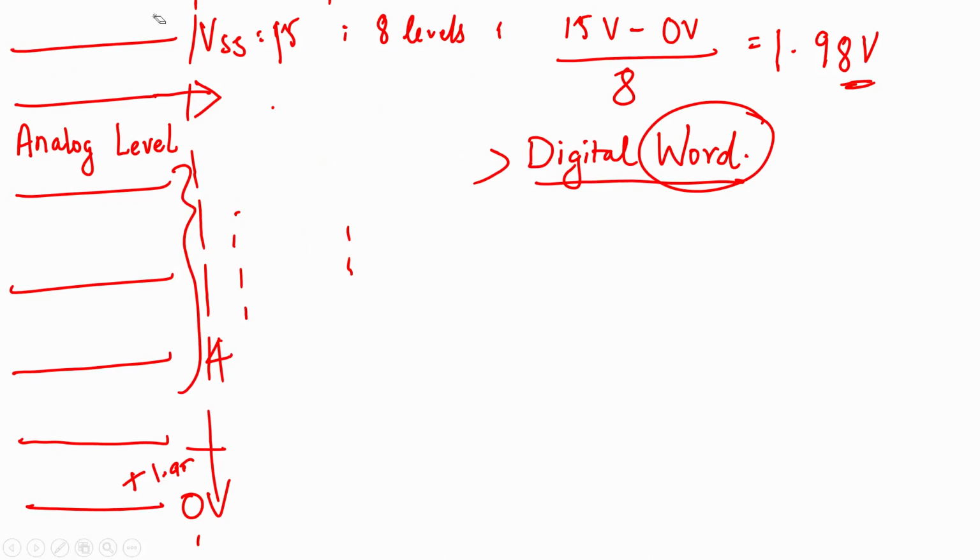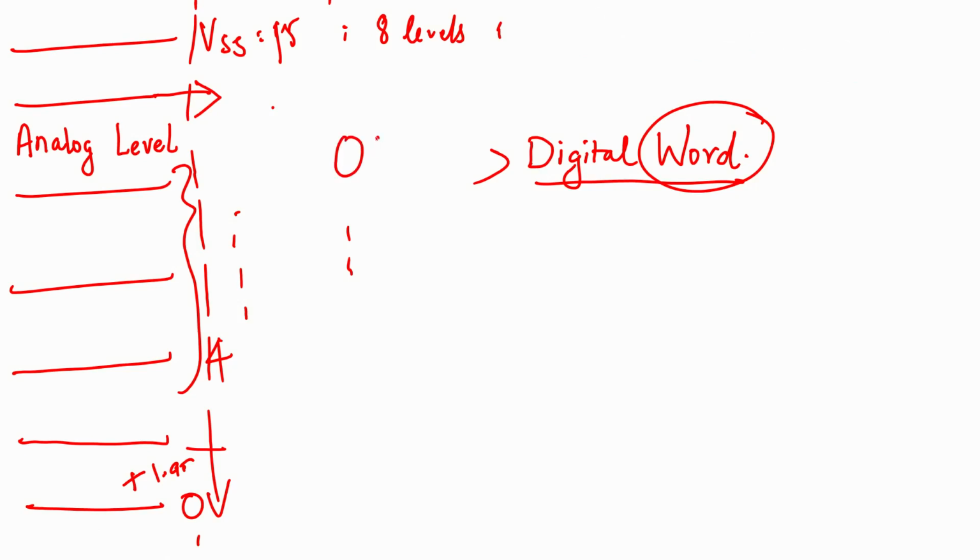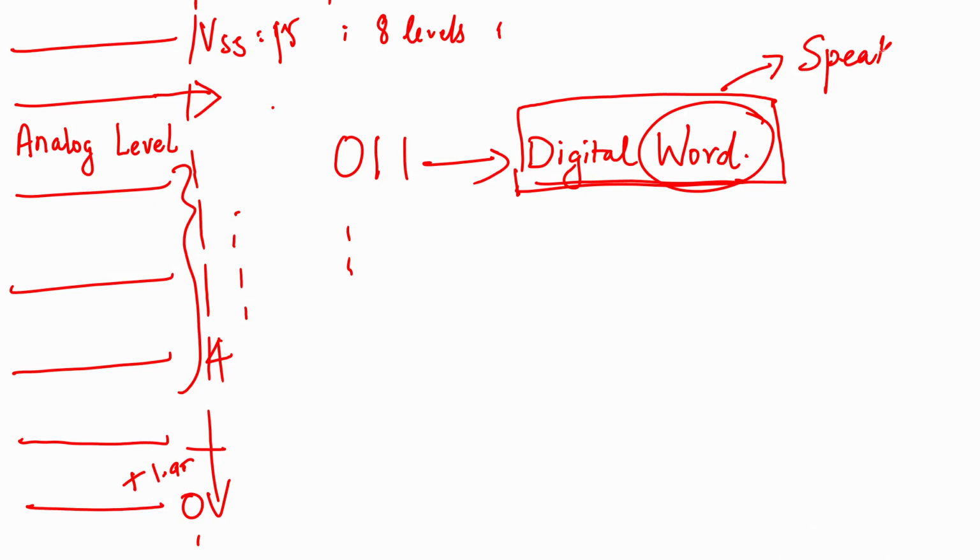I am just clearing the space so that it is visible to you. Whatever bit sequence we have, let us say 0 1 1, this is called a digital word. The reason we are covering these things like this is that we also want you to speak technically with confidence.